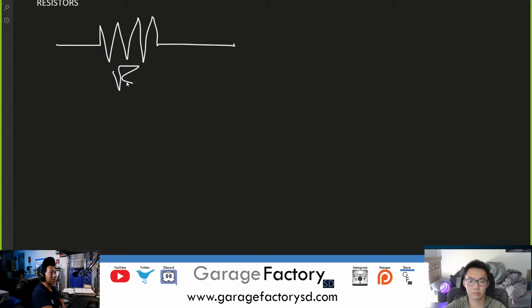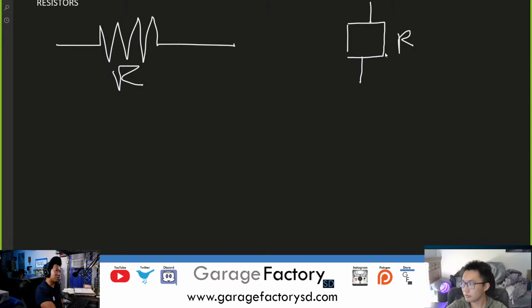It's denoted as R. And then the Europeans, they like to draw this box, and that is the European resistor symbol. From what I heard, they like to draw this box because it's more resemblant of impedance than this. This is strictly resistors.